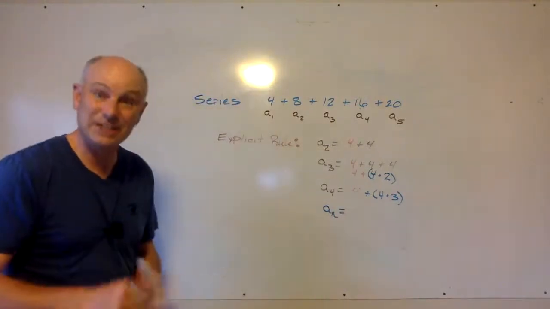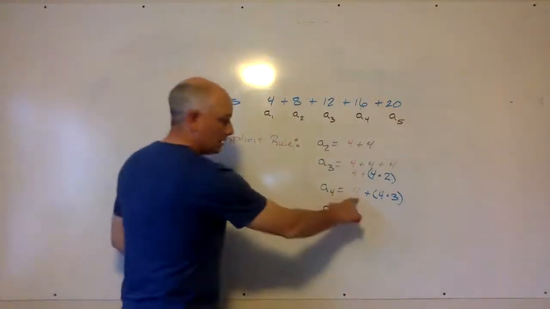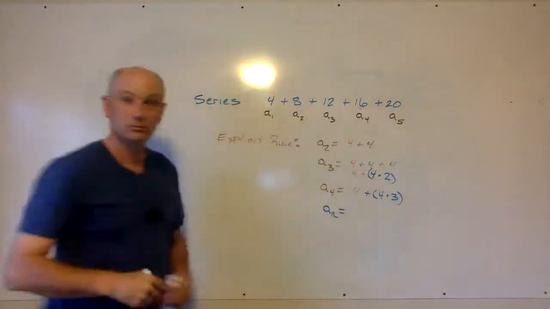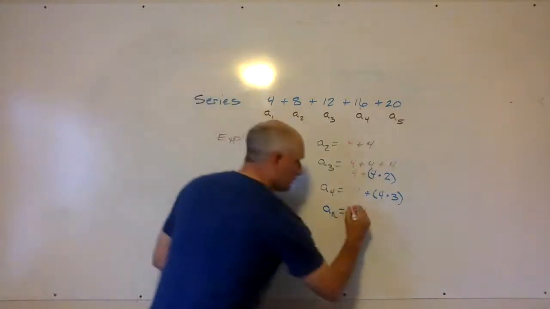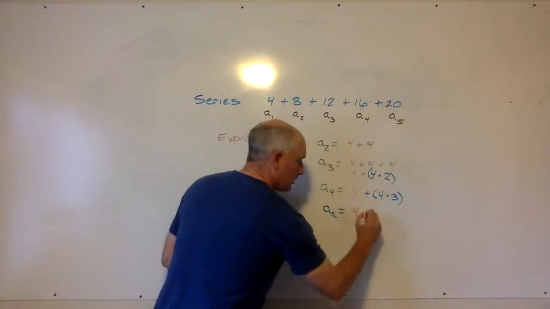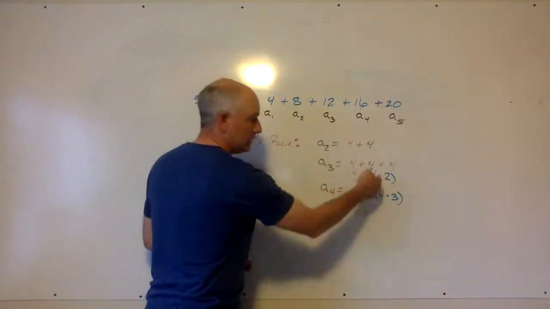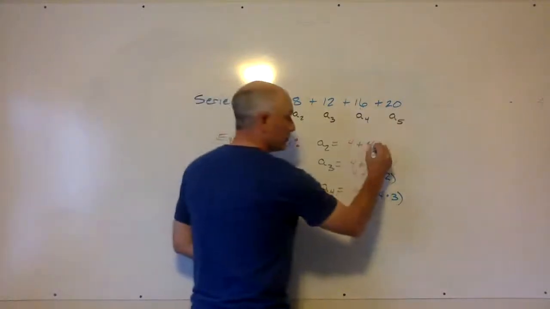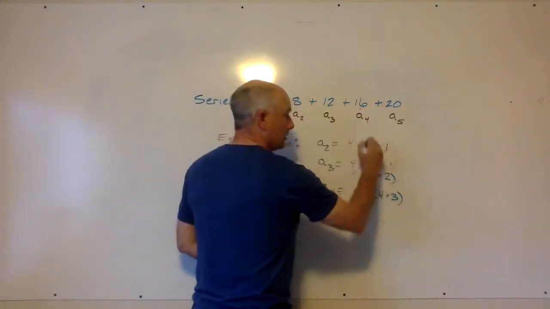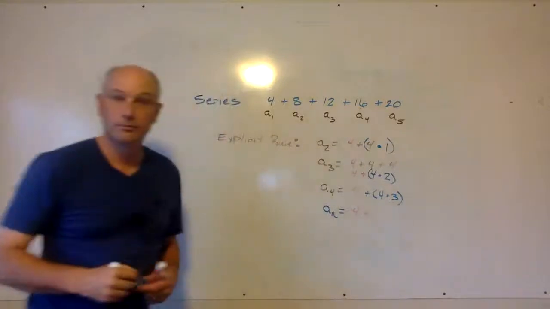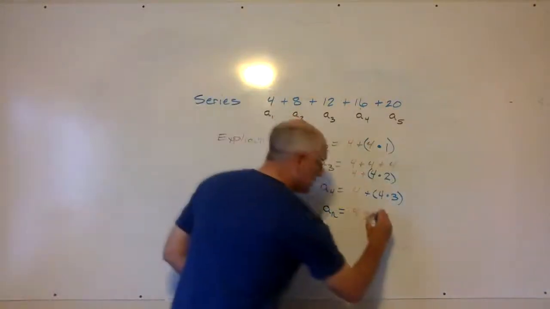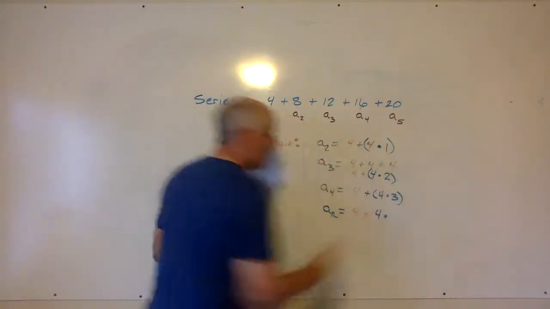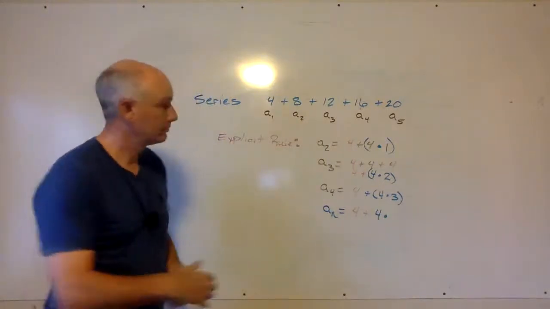Notice what doesn't change. The original 4, okay, from the beginning. Notice in every one of these, we're essentially multiplying by 4. We could look at this first one and say 4 times 1. So notice that that's not changing. But what is?